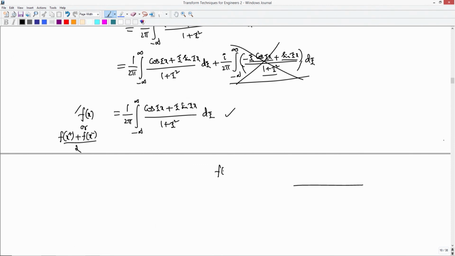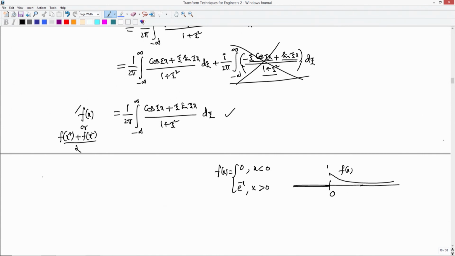What is your function? f of x is 0 if x is negative, and e power minus x if x is positive. So, 0 is a singular point; this is 0, and e power minus x at x equal to 0 is 1. This is the jump here. It is coming to 0 like this, asymptotically it goes to 0. This is your f of x. So, 0 is the only discontinuous point, with a jump.